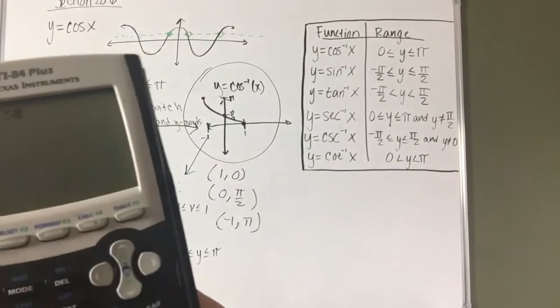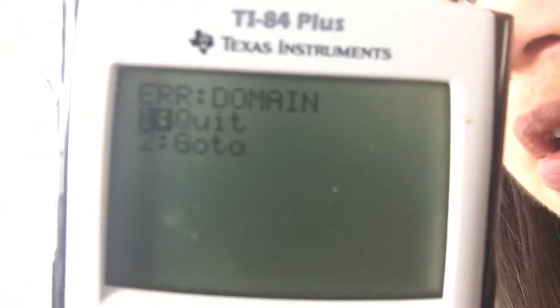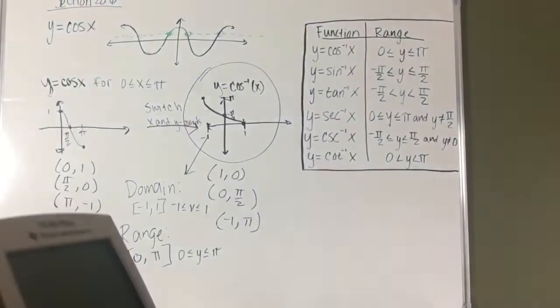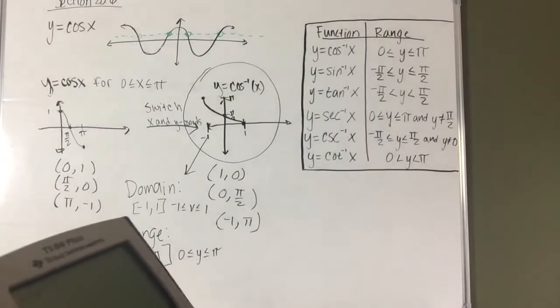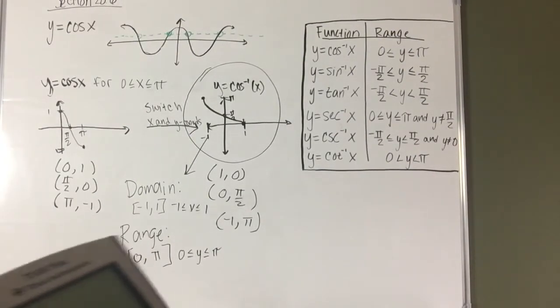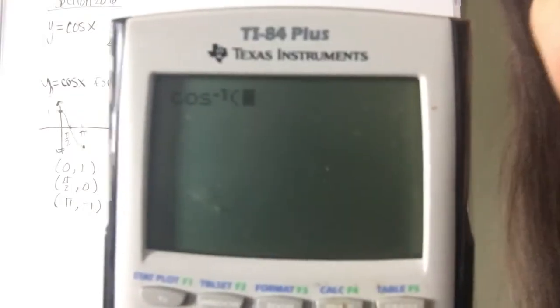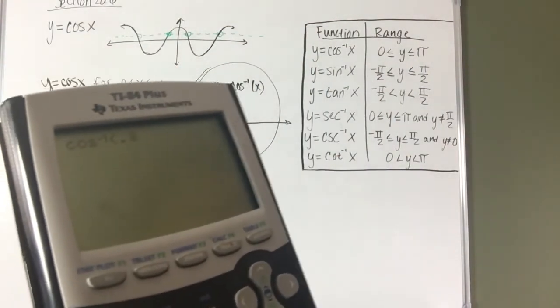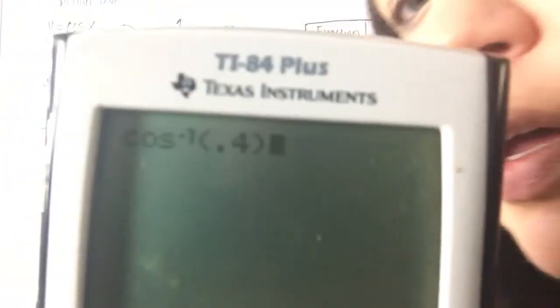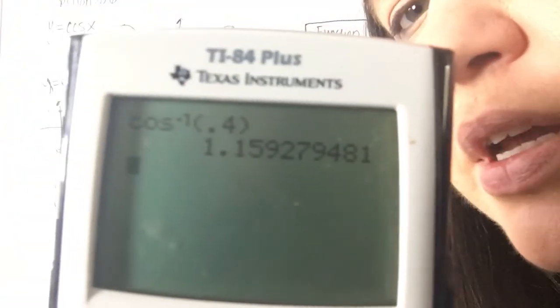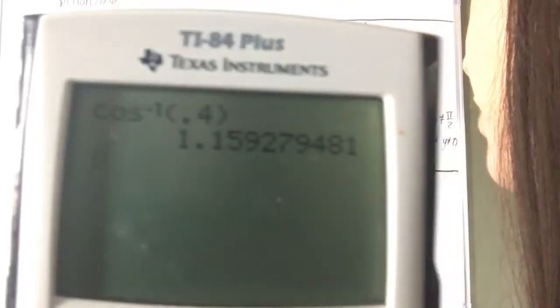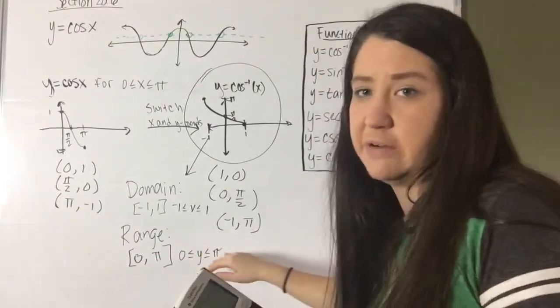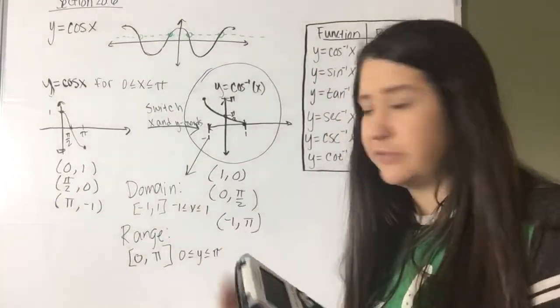So I'm going to put 5 in there. Arc cosine of 5, domain error, we can't do it. Now if you put something in there that is between -1 and 1, say 0.4, I don't know, you're going to get an answer. And that answer that you get will always be between 0 and pi, right? Or roughly 0 to 3.14.